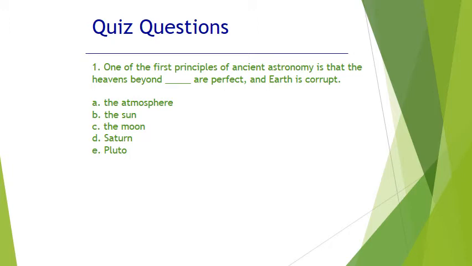Just by looking at the moon, it's close enough, you could see that it was kind of blotchy. It wasn't a uniform sphere. It had blotches to it. Perhaps with the naked eye they could pick out some craters. So the moon and the Earth did not appear to be perfect, but everything else was assumed to be perfect, meaning changeless, moving in circular orbits as well as moving at uniform speeds.